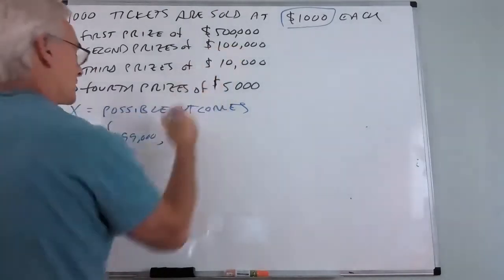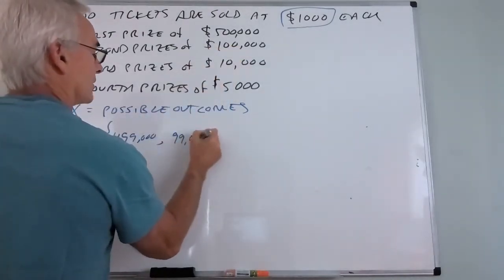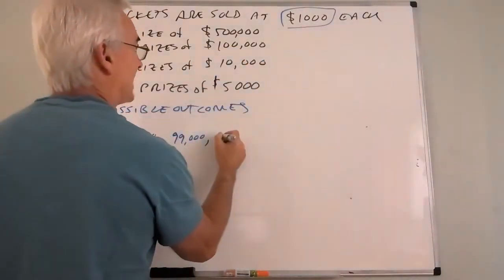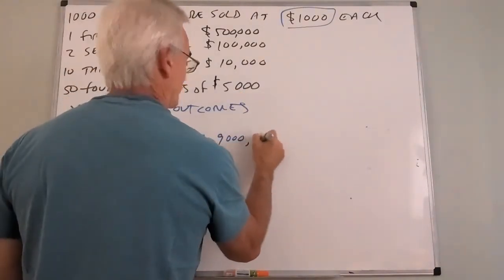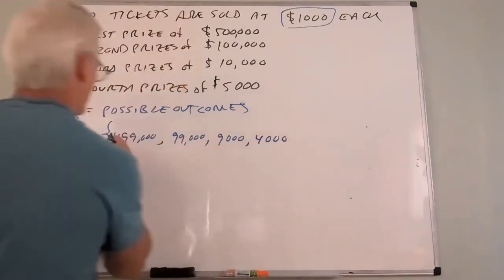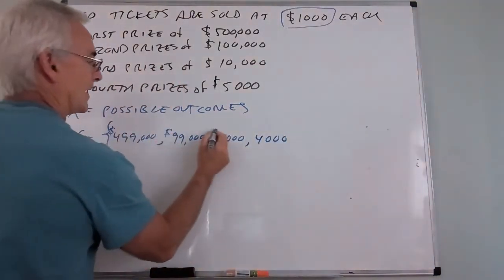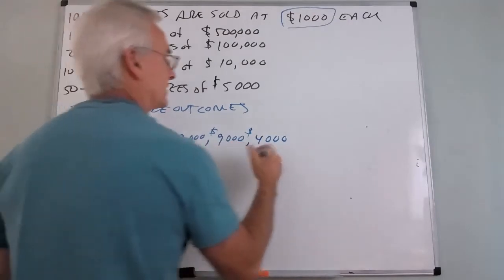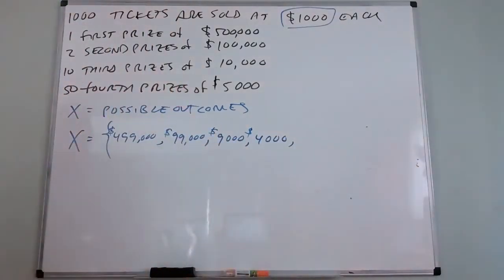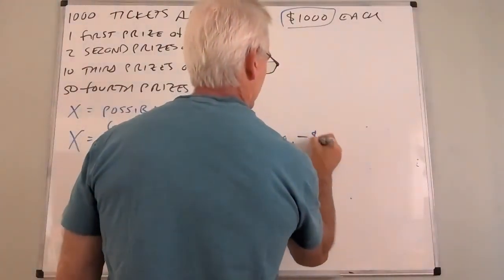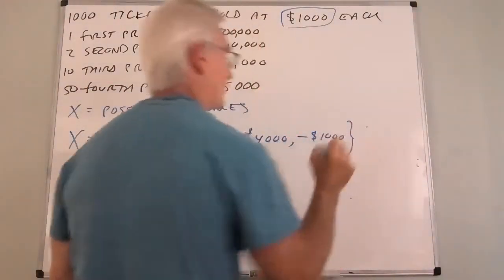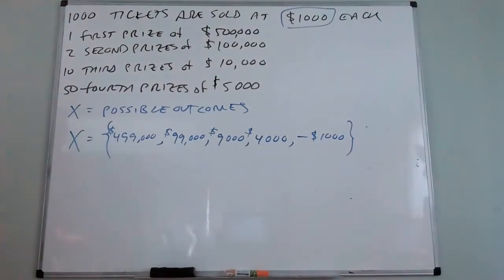Or if I win 100,000, it's really $99,000. Or if I win 10,000, it's really 9,000. I had to buy the ticket. If I win 5,000, it's really 4,000. And these are all dollars. These do have units. And there's one more outcome: negative 1,000. If I don't include that one, I'm not going to get a very meaningful answer.